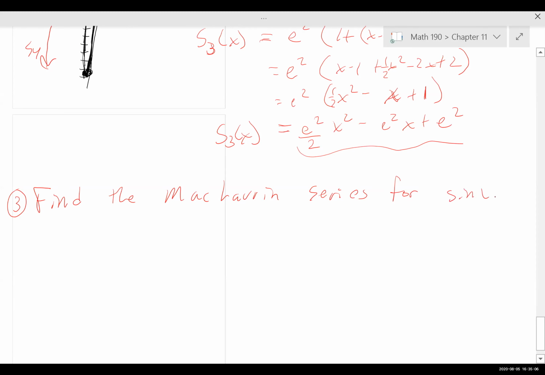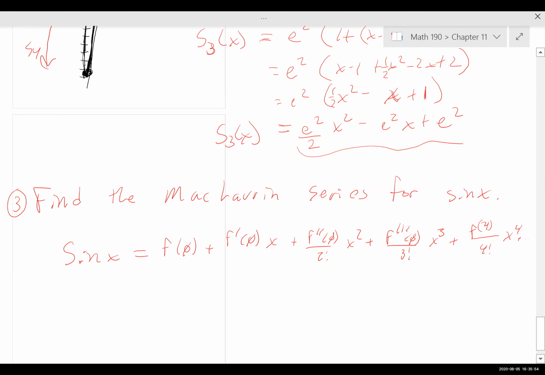So we want to know that sine x is equal to f of 0 plus f prime of 0 times x minus 0, so that's just x, plus f double prime of 0 over 2 factorial times x squared plus f triple prime of 0 over 3 factorial times x cubed plus f to the fourth derivative of 4 factorial x to the fourth plus dot dot dot.